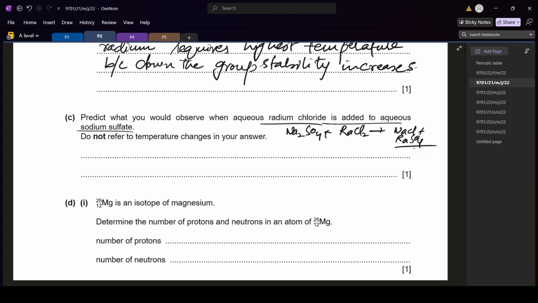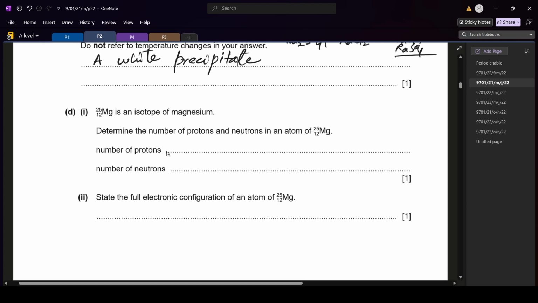So radium sulfate will give a white precipitate. So what you will observe is a white precipitate.